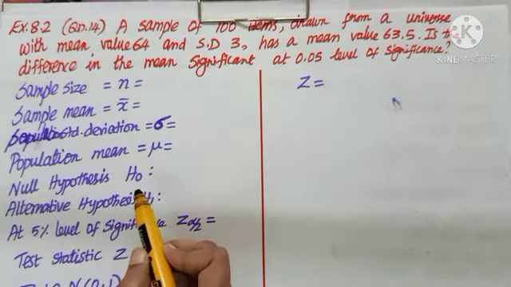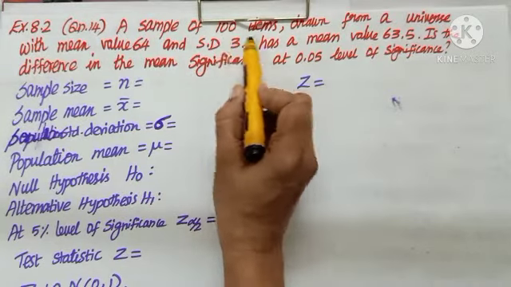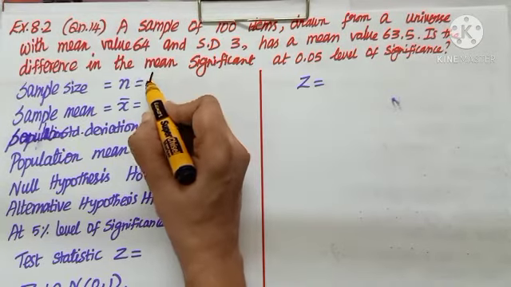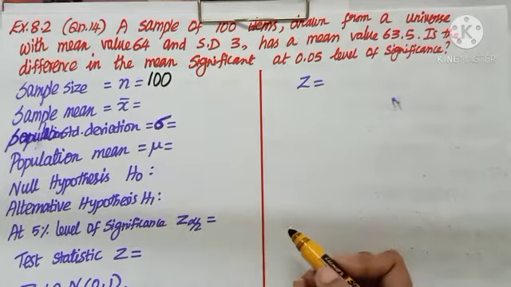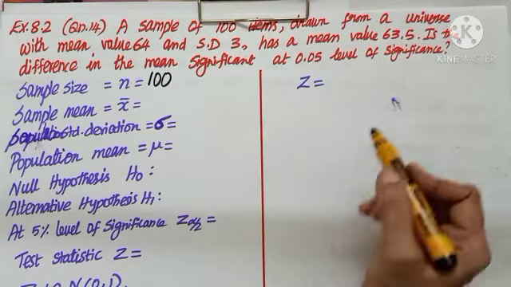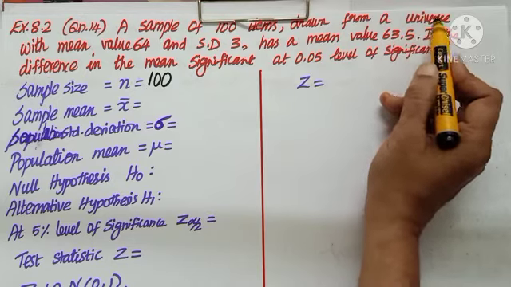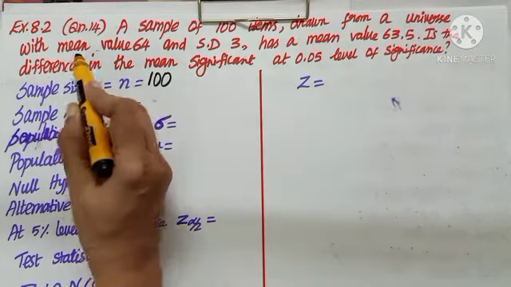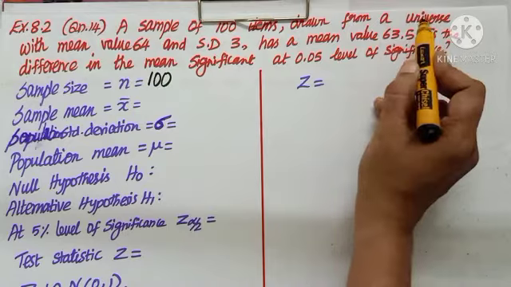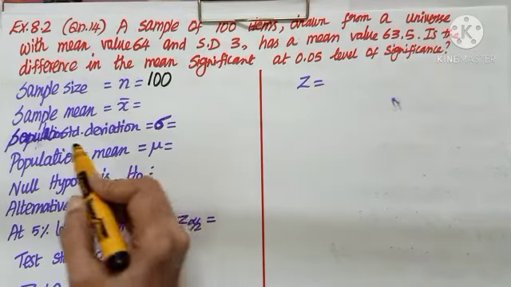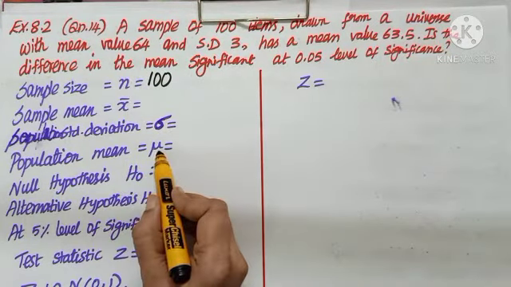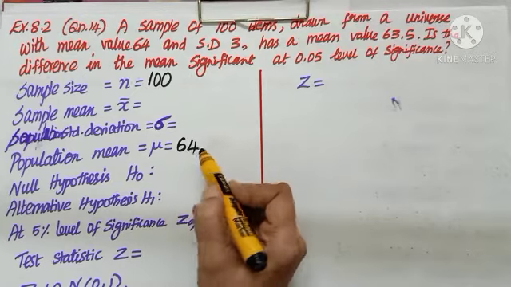Sample size. A sample of 100 items tells me small n equals 100. From a universe, the word universe tells population, with mean value 64. Population mean mu is 64.